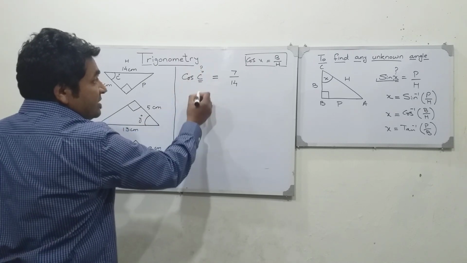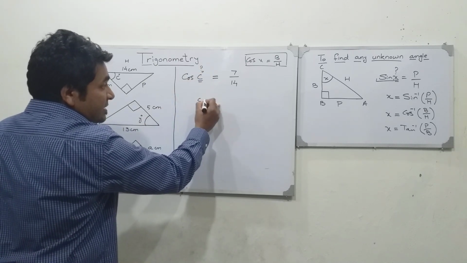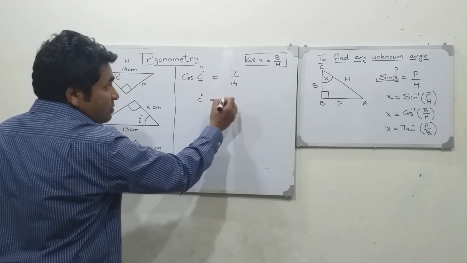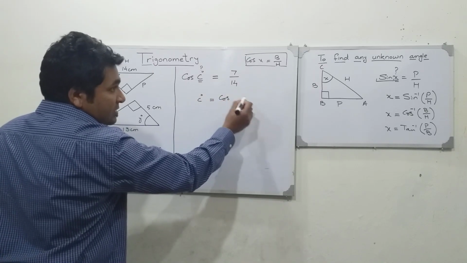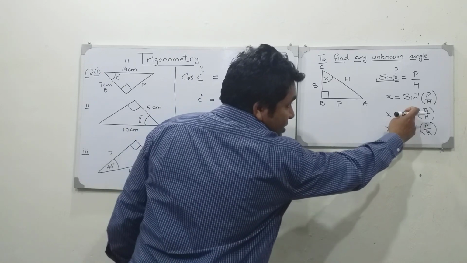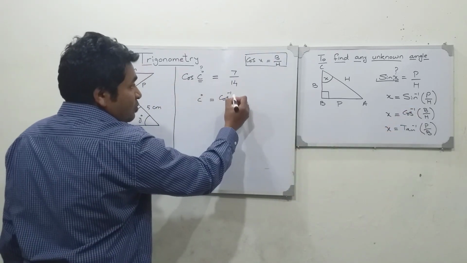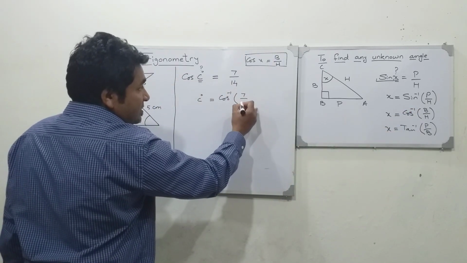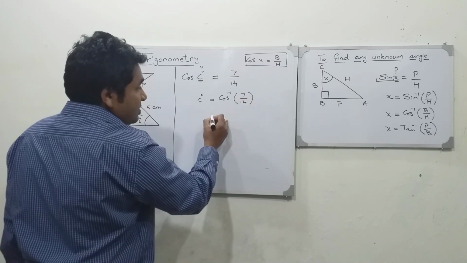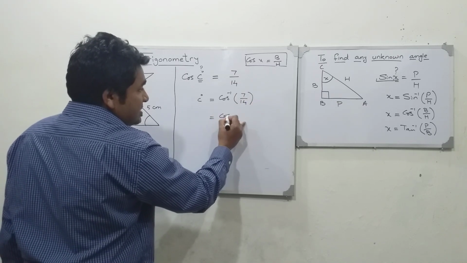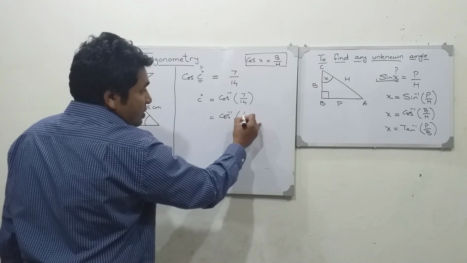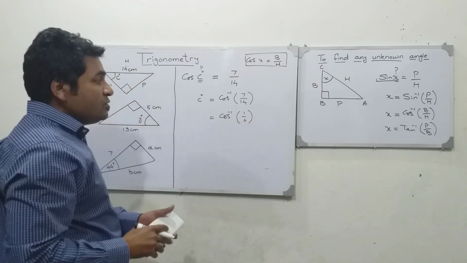This angle is our objective, so we will write angle C is equal to cos inverse 7 over 14, which is cos inverse 1 over 2.